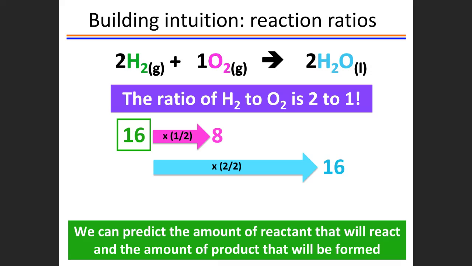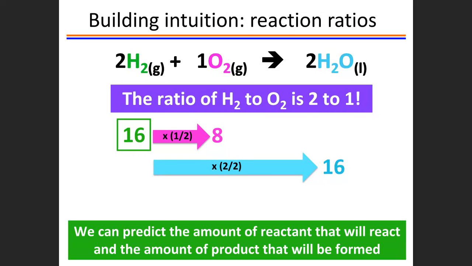Building intuition about reaction ratios: the ratio of hydrogen to oxygen is 2 to 1. Now let's see the 16 times half, because the atomic mass of oxygen is 16. The atomic number is 8 and the atomic mass is 16.